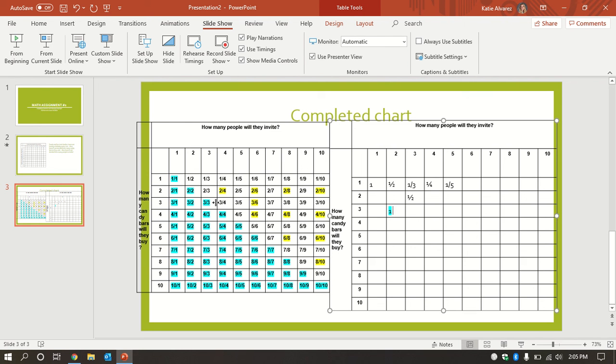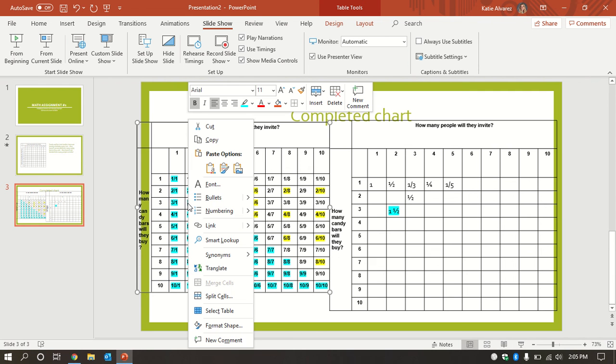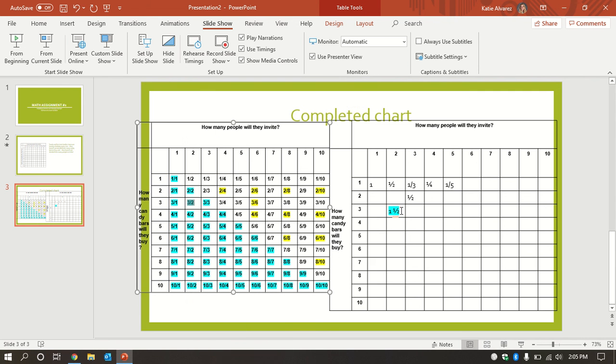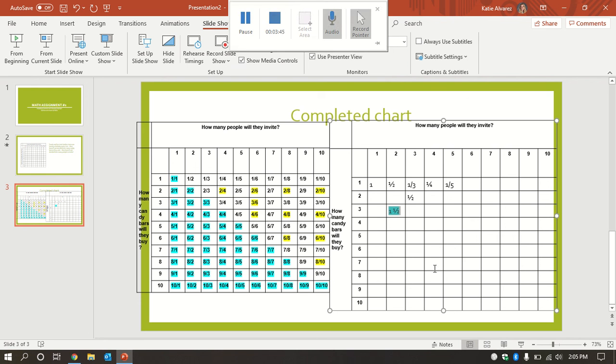So that's 2 over 2, which is 1 whole, and 1/2 left. So your mixed number, instead of 3/2, we changed it to 1 and 1/2. So I'd like you to do that for the rest of the chart.